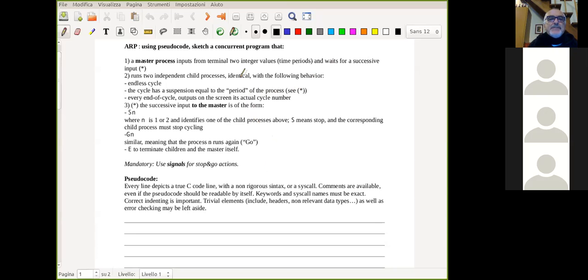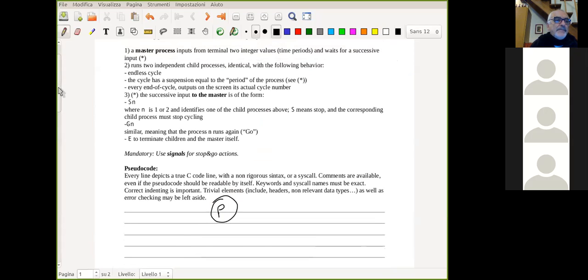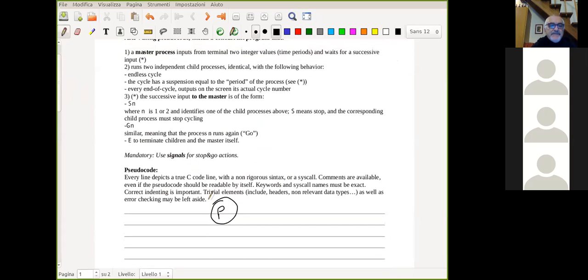So what's the problem to solve? A master process, similar to the last one yesterday. So where is the bar? Master process, that interacts with the shell. So it's interactive.